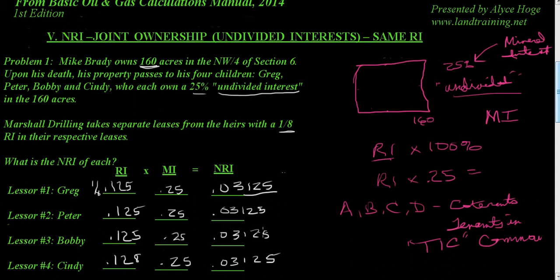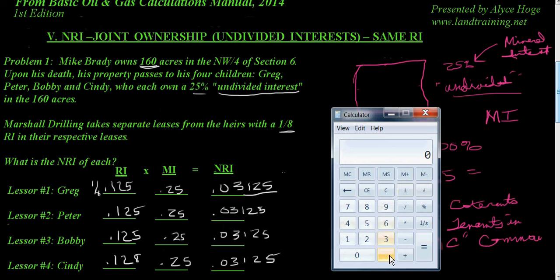So if we took this 0.03125 that we have here and we multiply it by 4, oh, I did that wrong, sorry. Let me try one more time, folks.